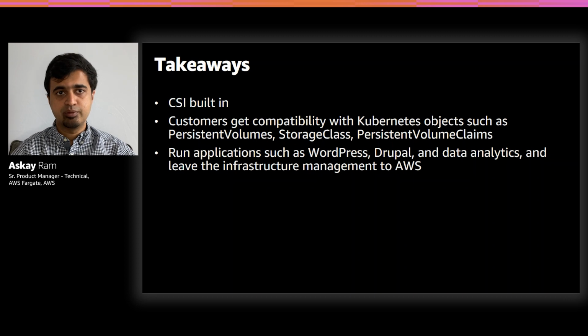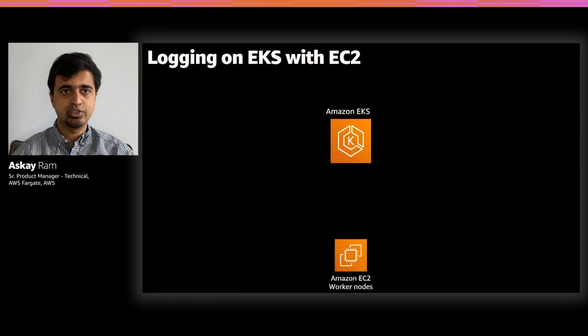The second feature was logging. Same case here, it was usually done through a daemon set. So we really wanted to study the logging on EKS on EC2 experience, because we knew this is where customers are coming from. Logging is slightly more simplified. There's only 3 steps here. The first is applying a config map to your Kubernetes cluster. This config map has fluent configuration as a part of the value in the key value pair.